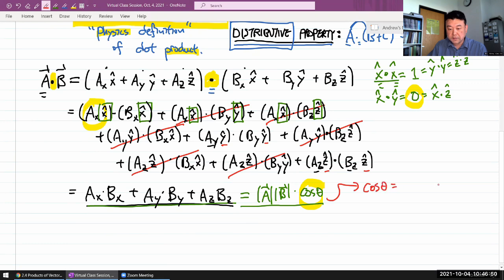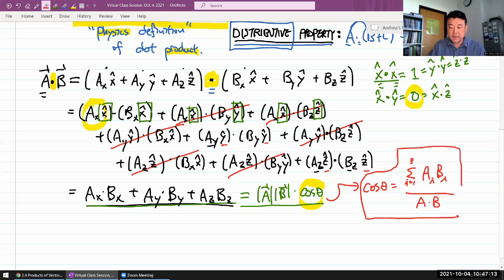Cosine theta is equal to the sum of i going from 1 to 3, ai bi, that's the component description of dot product, divided by the product of the magnitudes, a times b. In some sense, it gives you a way to define angle theta, particularly in a context where it's not immediately clear how to represent the angle.